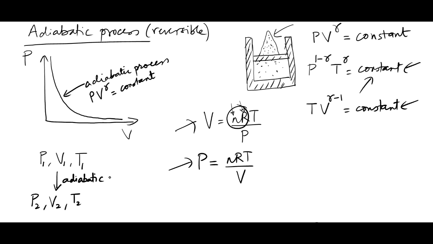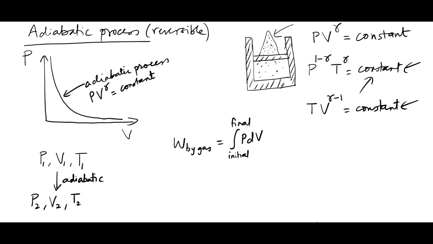Now the work done by the gas during this process is of course going to be integral P dV from the initial to the final state. Now we use the fact that the process is adiabatic and the product of P into V raised to gamma is a constant.